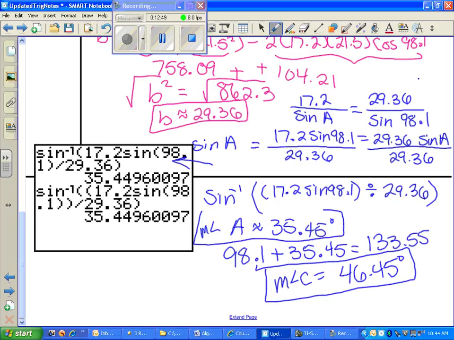So we've got the 3 pieces that we're missing.